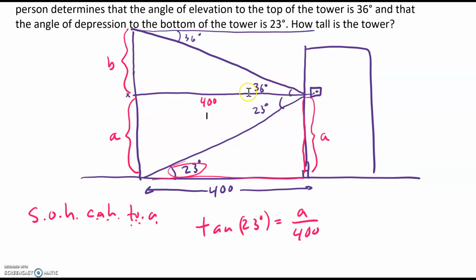So we can also say that tangent of 36 degrees equals opposite, which is B, divided by adjacent, which is 400. And then I can solve for B pretty easily. Once I know A and B, add them together, and I've got the height of the tower.